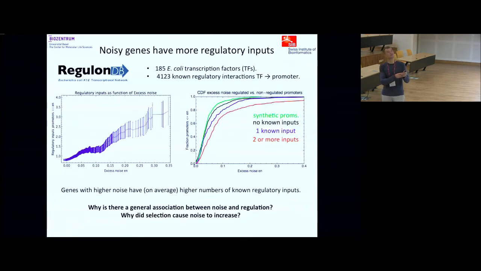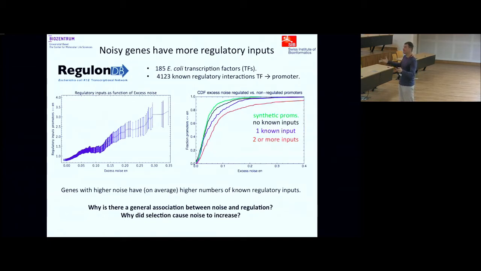And you see that the genes in E. coli that are not known to be regulated have noise levels that are fairly close to our synthetic promoters. Whereas those that have regulation systematically have higher noise levels. Okay? So what it says is, if you're a promoter that is constitutively expressed, not regulated, you're going to be low noise.